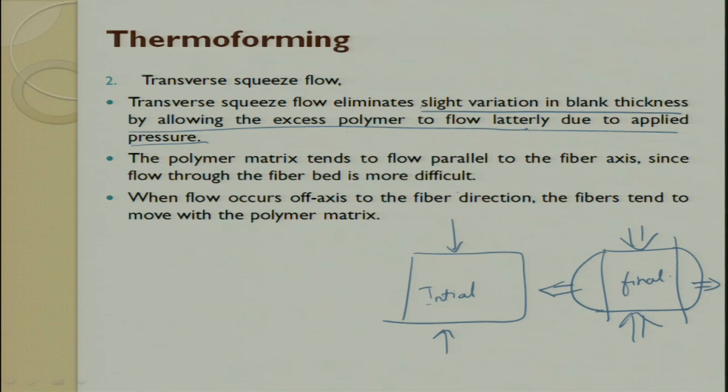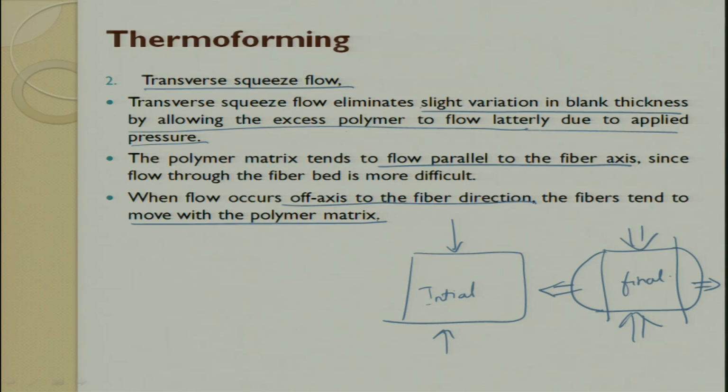In consolidation, the transverse squeeze flow is very important. When the flow occurs off axis to the fiber direction, the fiber tends to move along with the polymer matrix, so there is a small displacement happening.